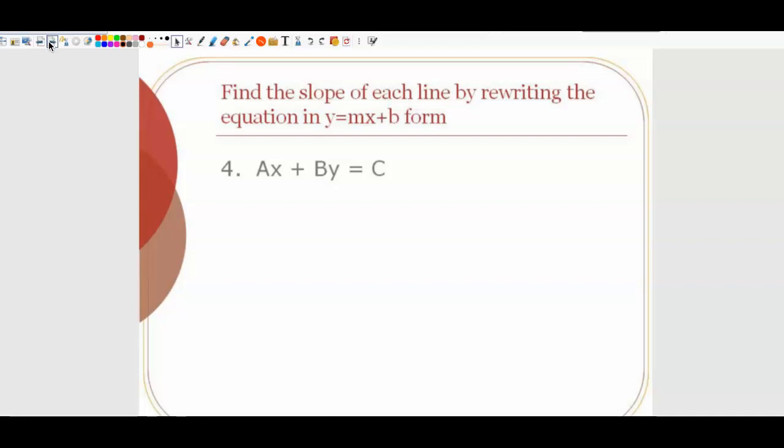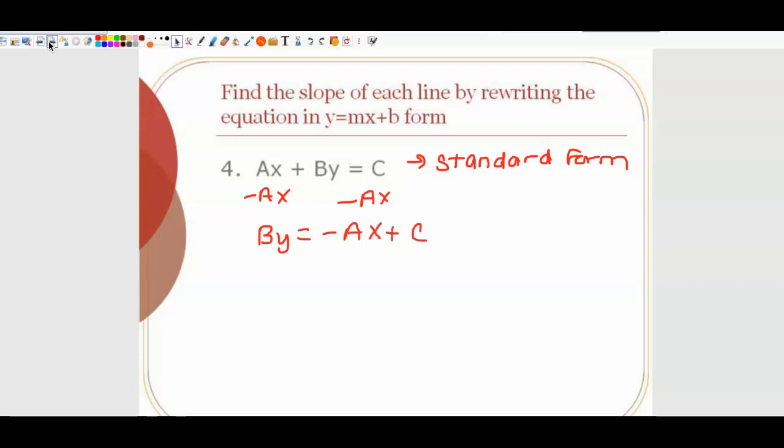In example 4, this is an equation of a line in standard form. We're going to rewrite it in slope-intercept form. So we're going to subtract ax from both sides. Divide by b.